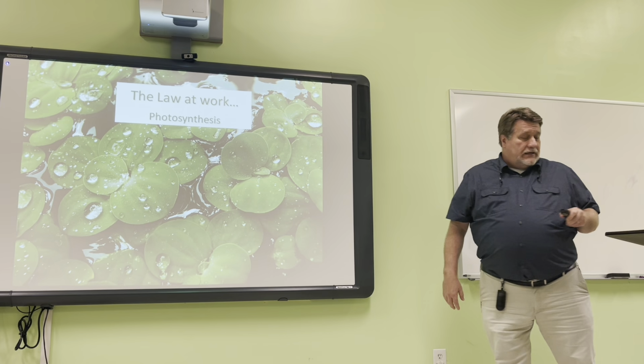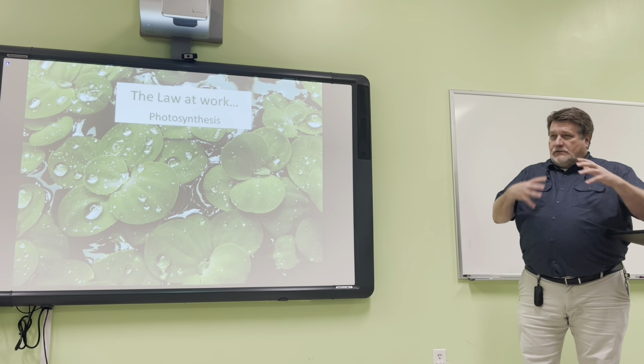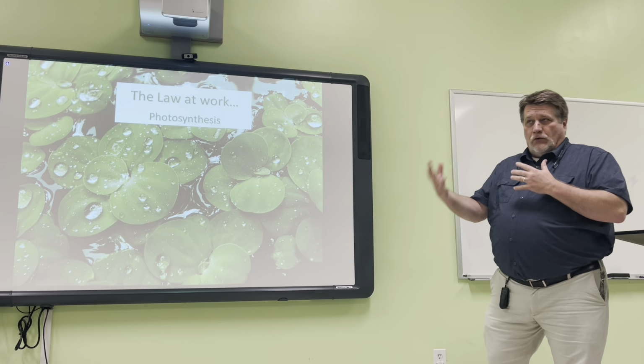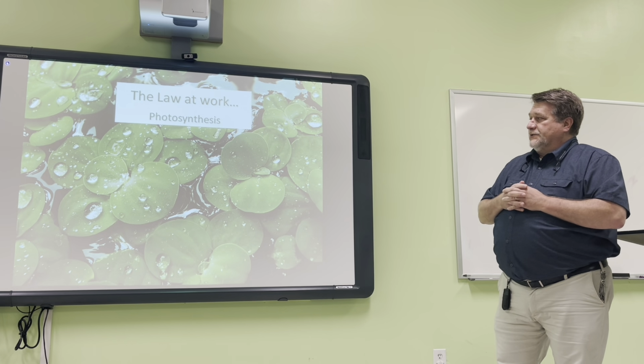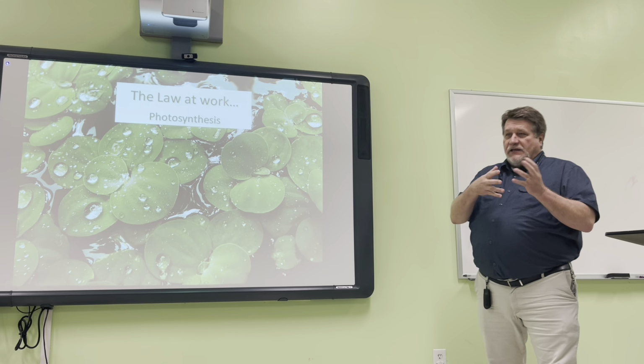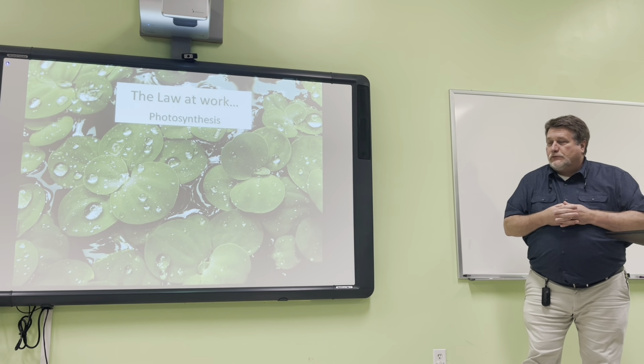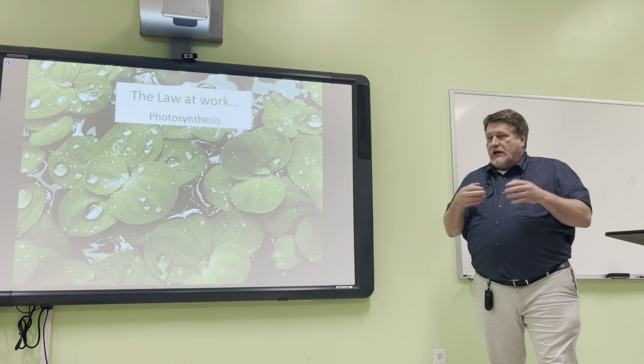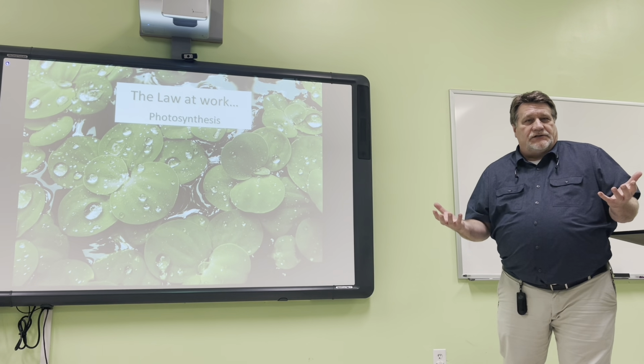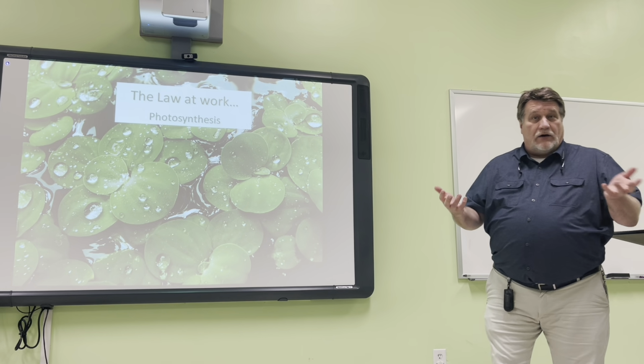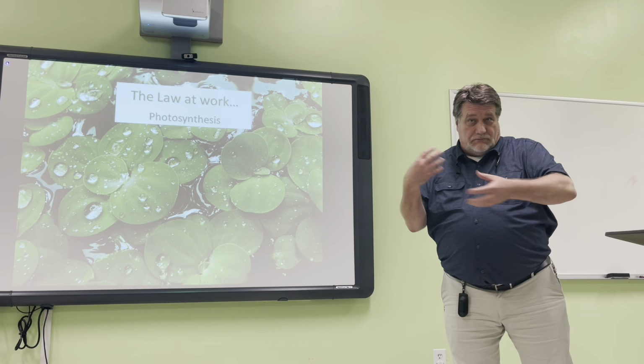Now, it's always neat to see the law of conservation of matter at work. It's not just some abstract law that's out there. So think again, going back to elementary school and hopefully a few other times throughout school that you learned the process called photosynthesis, which is how plants manufacture the food that they need, right?